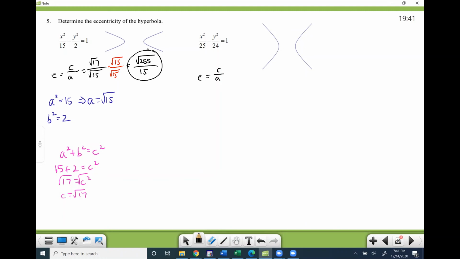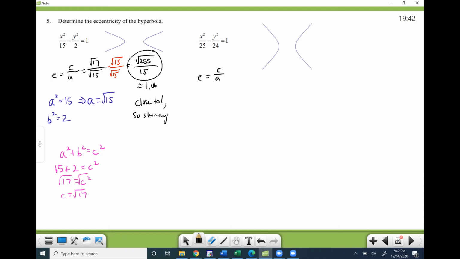Now we want to know about how big that is, looking at how skinny those are, it's got to be pretty close to 1. Yeah, it's approximately 1.06. So that's really close to 1, which explains why we have skinny branches. Close to 1, so skinny.